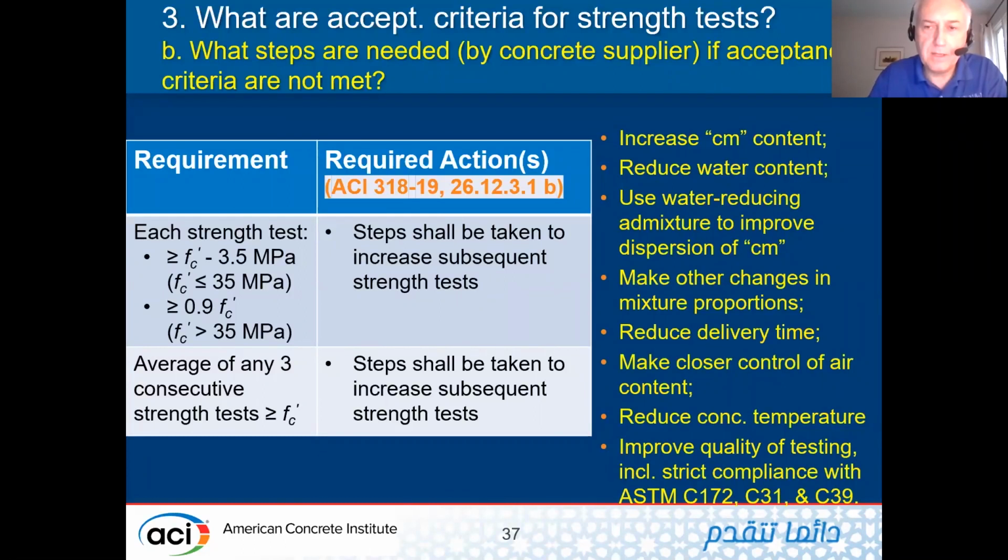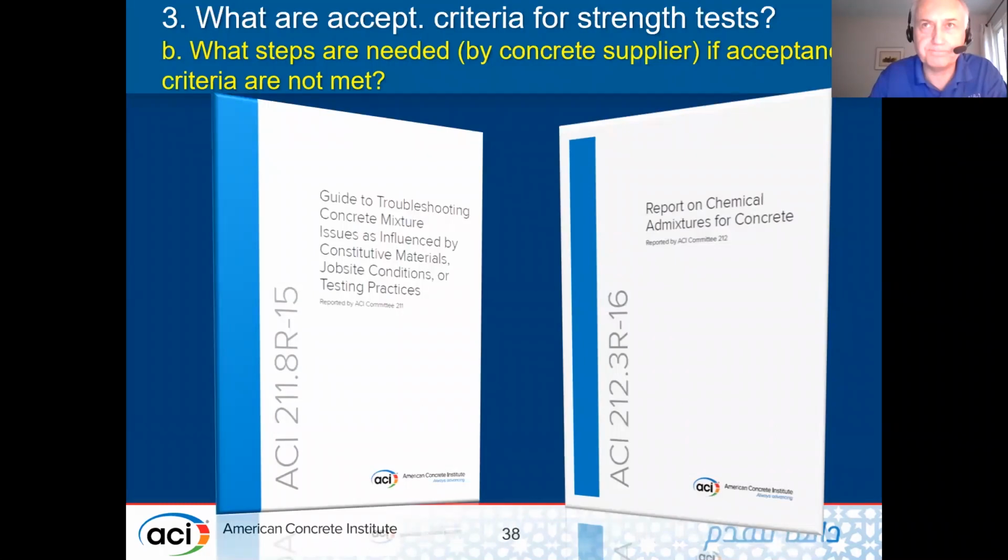And it's important to have all these things in mind. But again, hopefully you are not there. You don't have to do those things. There are several publications by ACI that talk about how to deal with those low strengths, how to address them. On the right-hand side, you see a report on chemical admixtures, ACI 212.3R. It talks about every single one, chemical admixtures and how it affects strength.